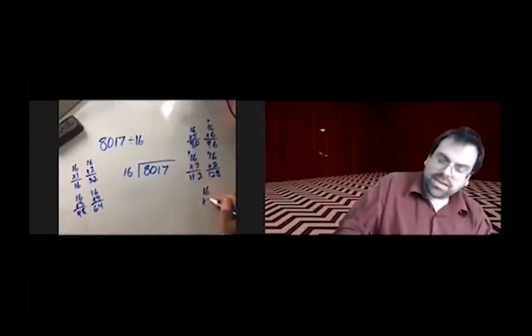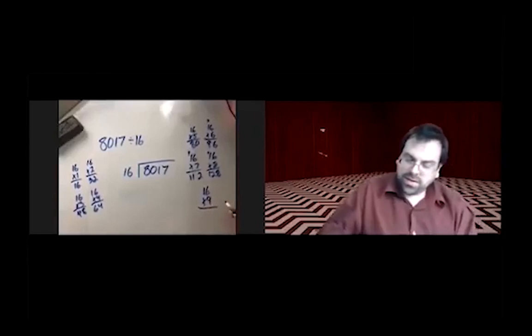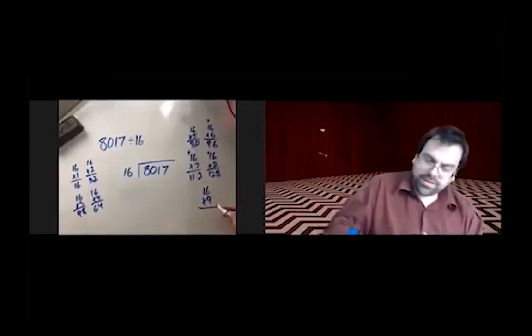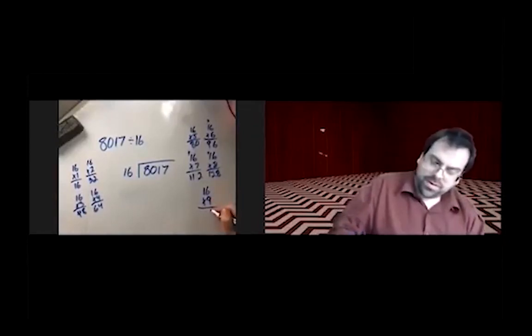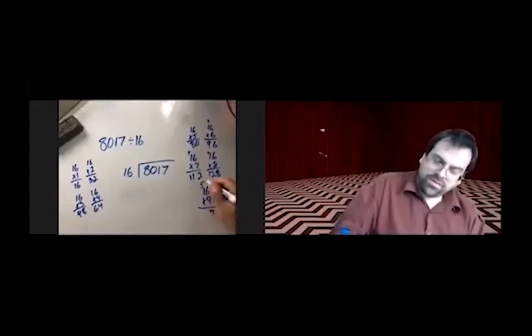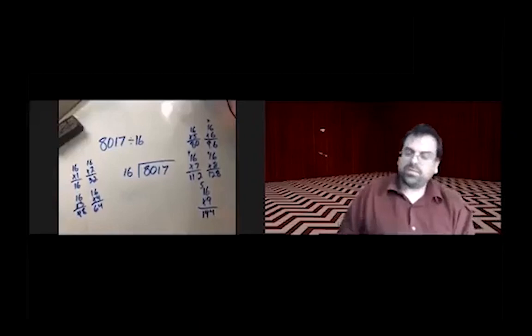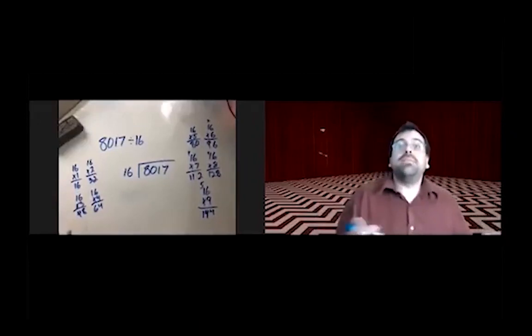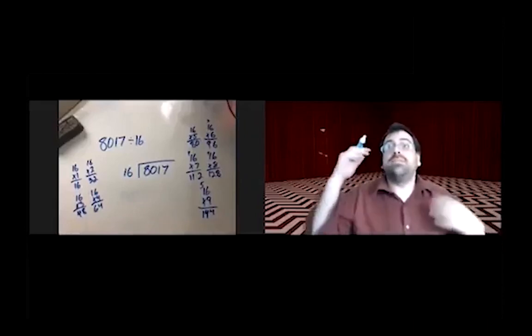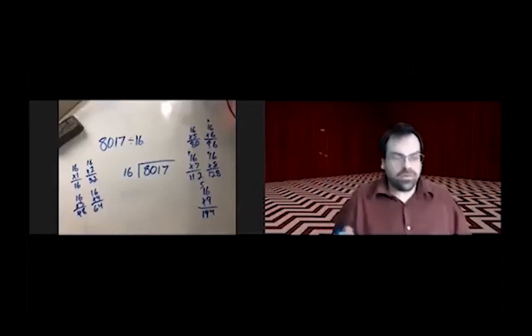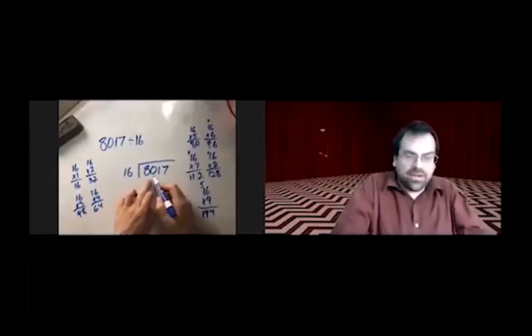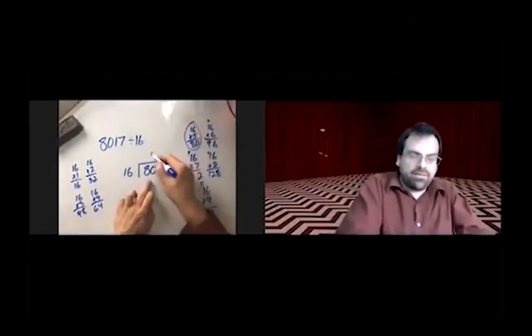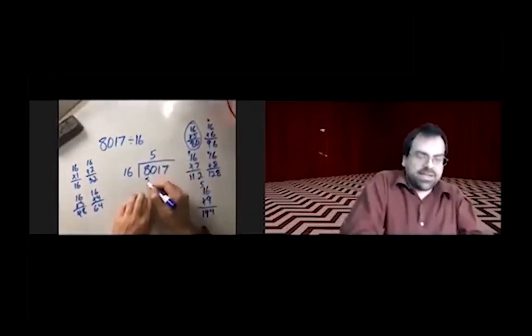And 16 times 9 is 4, carry the 5, 9, 144. So these are the possible numbers we might need to see how many times 16 goes into something without going over. For instance, here, 16 goes into 80 5 times exactly.